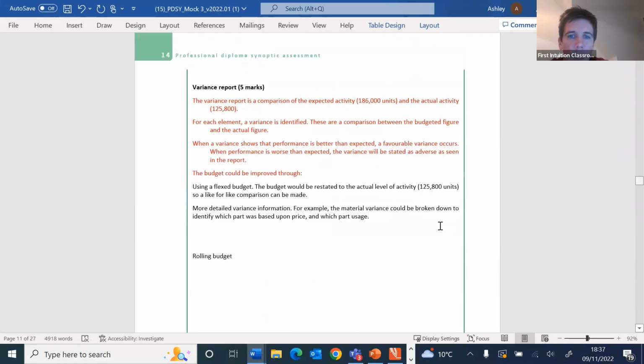And as a result, I would just say the budget could be improved through other supporting information. For example, marketing expenses are a lot higher than expected.